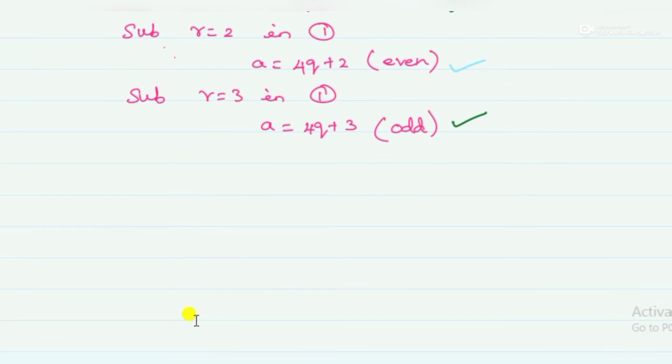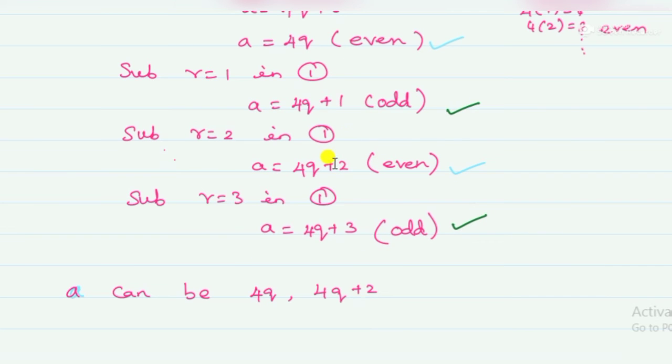So let us conclude. a can be 4q or 4q plus 1 or 4q plus 2 or 4q plus 3. Here it becomes an odd number when it is 4q plus 1 and 4q plus 3. It becomes an even number when it is 4q and 4q plus 2.